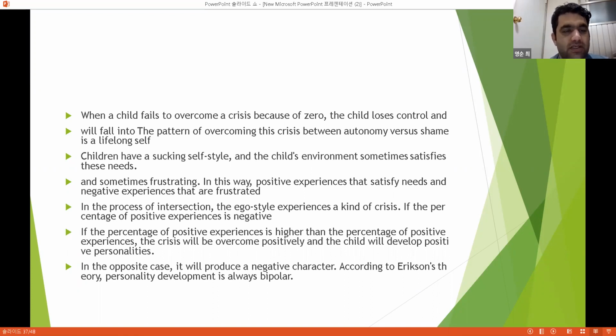If the percentage of positive experiences is higher than the percentage of negative experiences, the crisis will be overcome positively, and the child will develop a positive personality. If it is the opposite case, it will produce a negative personality.